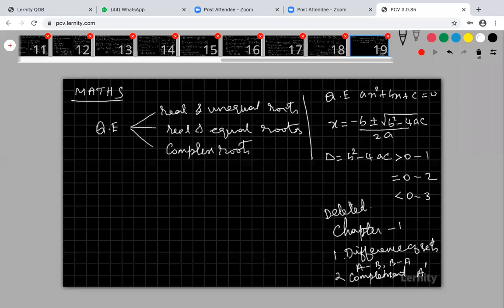Please try to understand. In 1.4, 1.5, I'm including operations on sets, A union B, A intersection B, everything. So that is not deleted. In Learnity, MCQs only, negative marks are there. For every wrong answer, you have to reduce some marks.